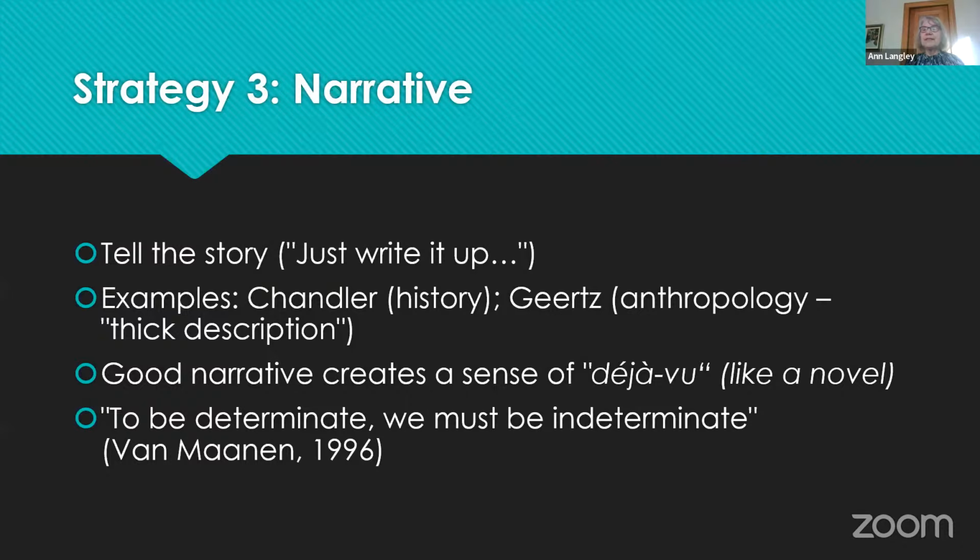And if your case is fuzzy and messy and ambiguous, and you want to render it and keep that side of it, then, he says, to be determinate, we must be indeterminate because things are confusing, because things are messy, and so on and so on. So a narrative approach tends to try and keep as much of the richness as possible, but at the same time, give you that sense of déjà vu.